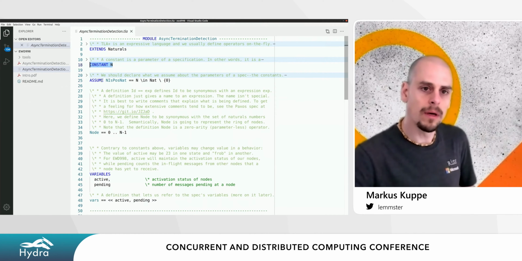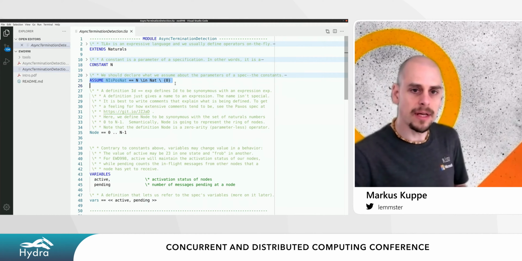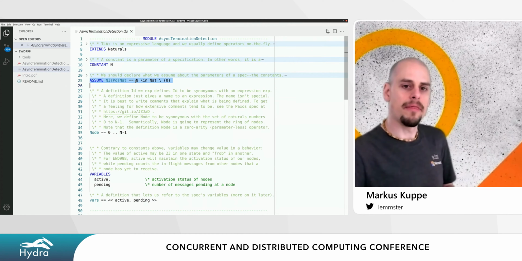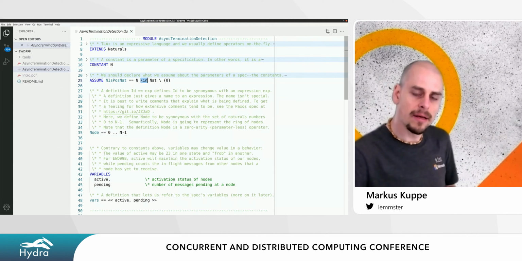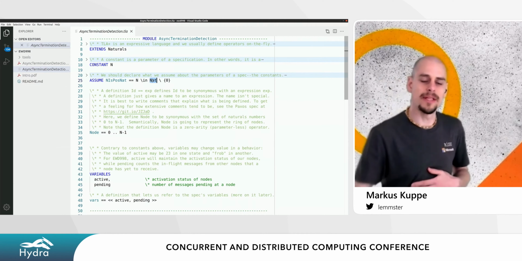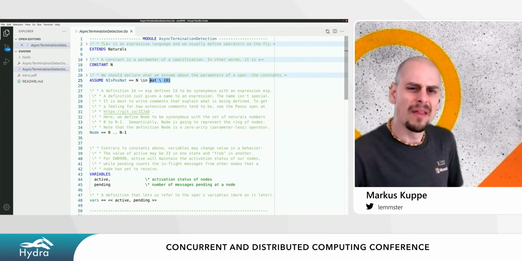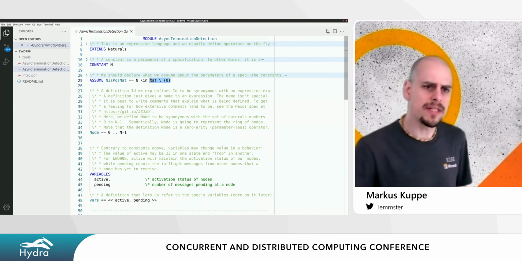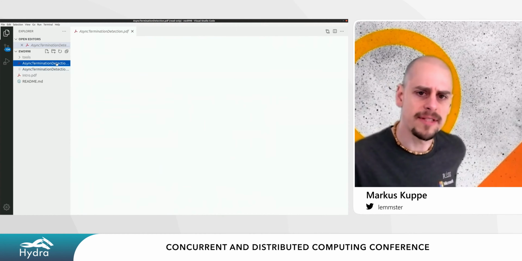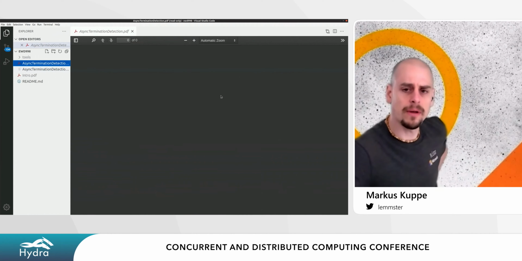So we assume of this n that it's in this natural here, in this Nat, without 0. This looks a little bit strange. What is this? This is a little bit of set theory.